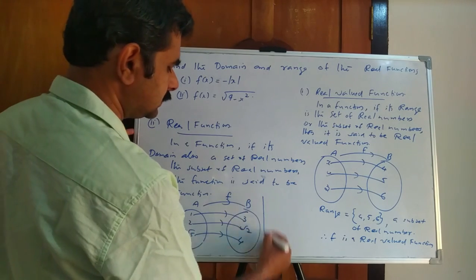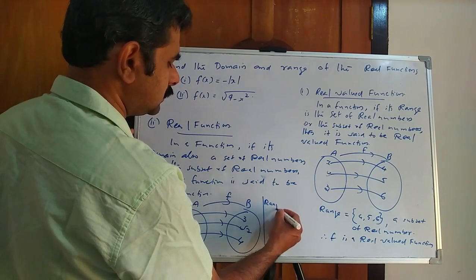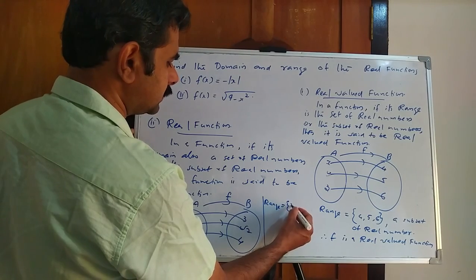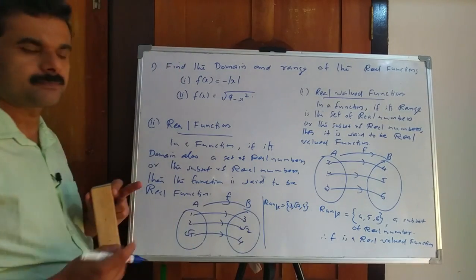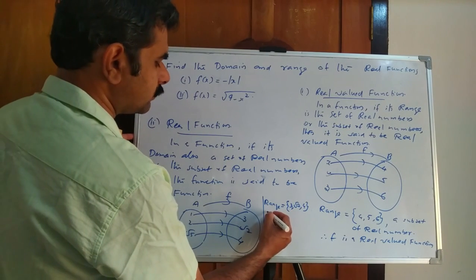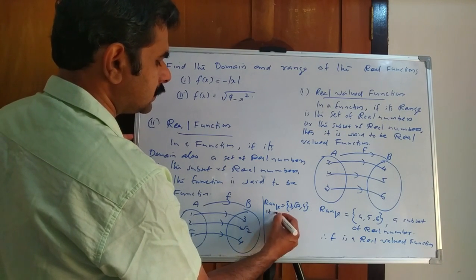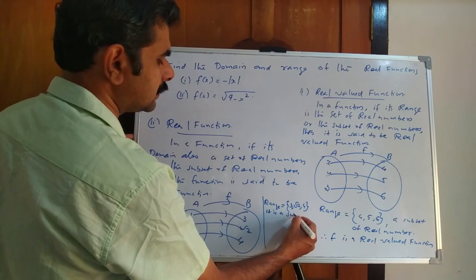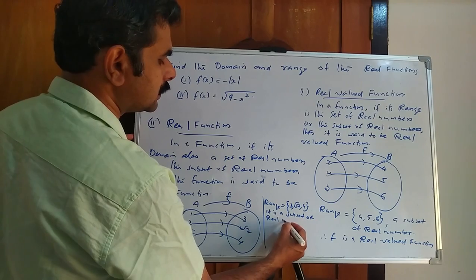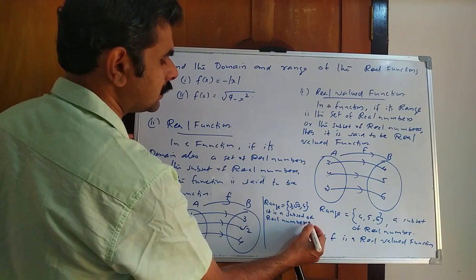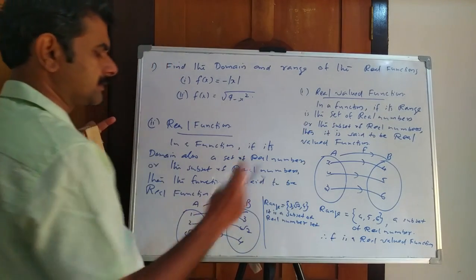What is the range here? The range is the set {3, root 7, 4}. It is a subset of the real number set, isn't it?